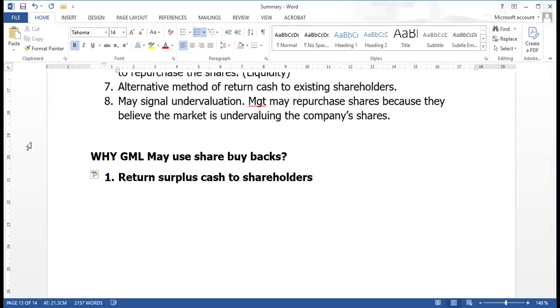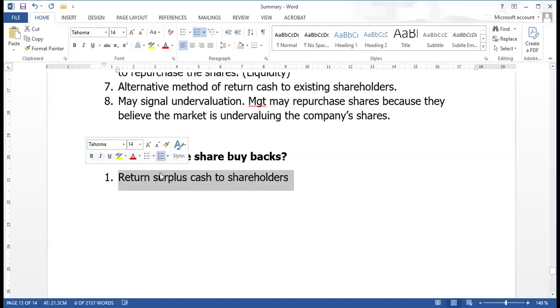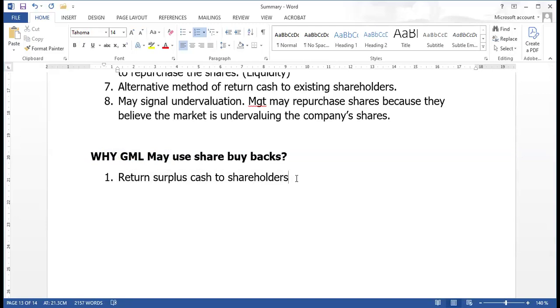Where we find that we have excess cash as an entity and we have limited profitable investment opportunities, then buying back shares may allow this entity to distribute excess cash efficiently.